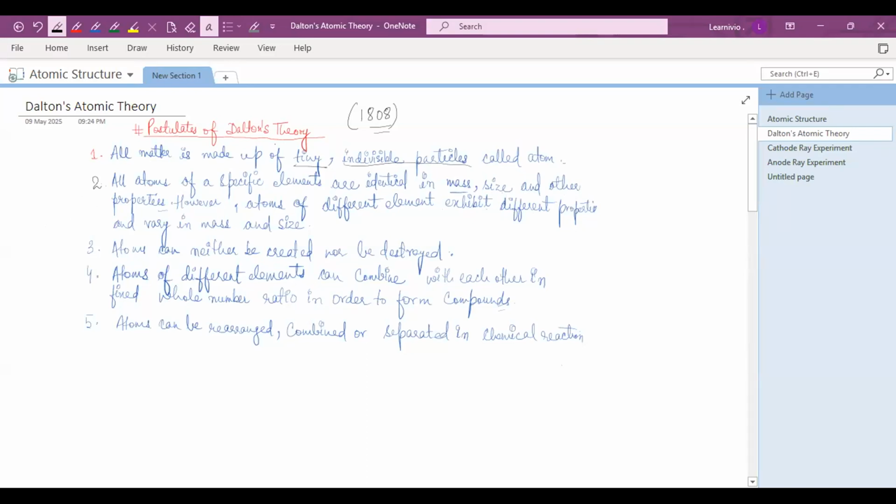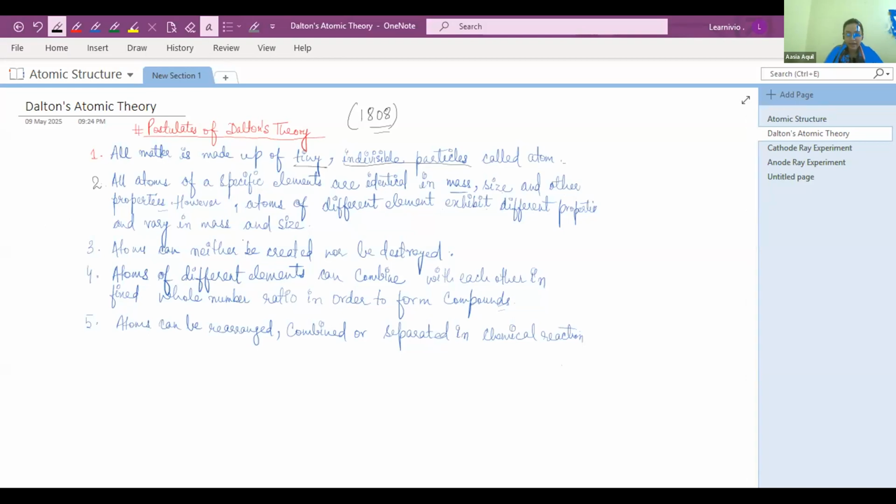The second point: after the discovery of the electron by J.J. Thomson, this point proved wrong. J.J. Thomson proved that atoms have subatomic particles, which is the electron. The next postulate was that all the atoms of a specific element are identical in mass, size, and other properties.